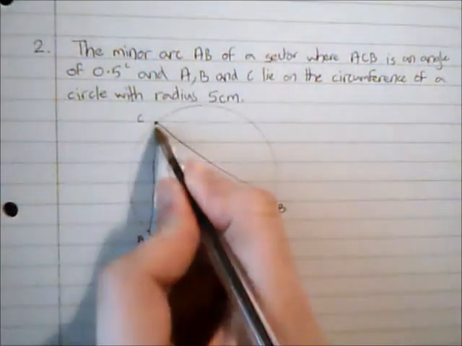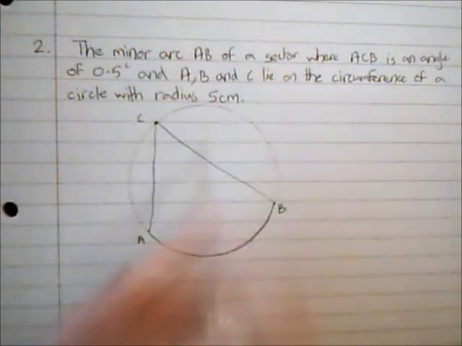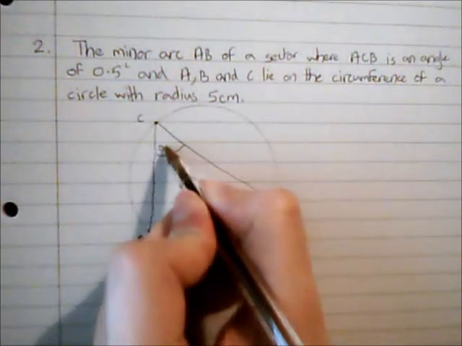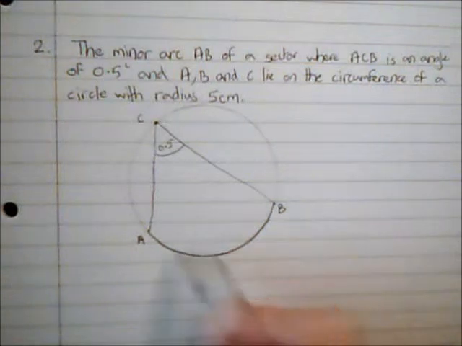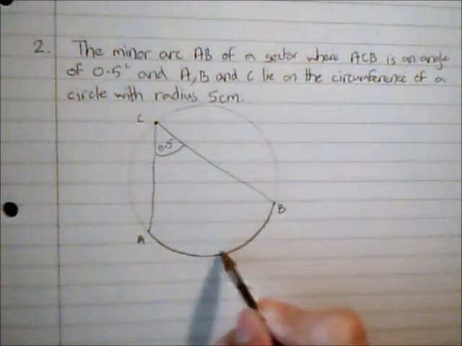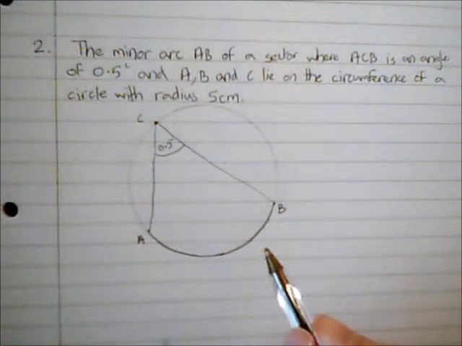From knowledge of circle theorems, it doesn't matter where C is around this point, it's always going to have an angle of 0.5. We can also use the fact that if C was down here somewhere, then we'd have a cyclic quadrilateral, and so the angle, if it was here, would actually be pi minus 0.5.